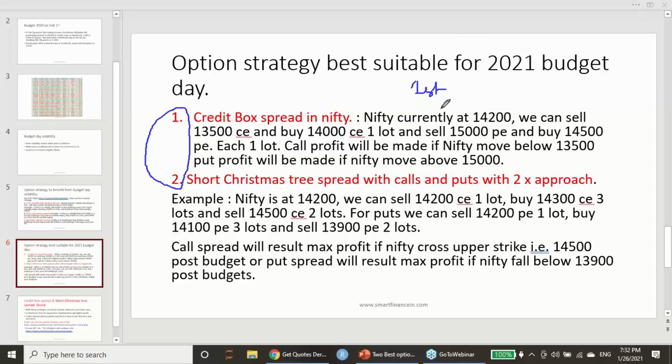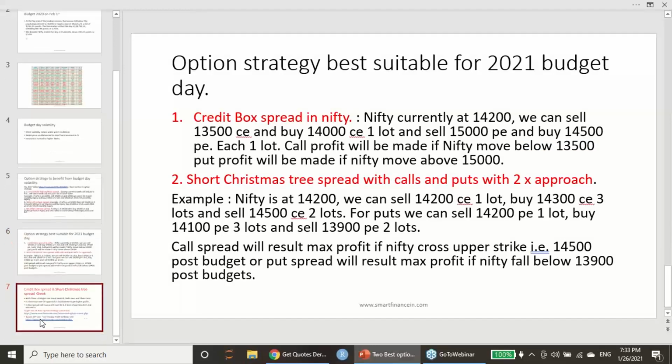Do not carry it beyond that. Whatever action has to take place in these 1 or 2 days, those actions will evaporate. So you need to take the benefit of these short-term price actions and come out.